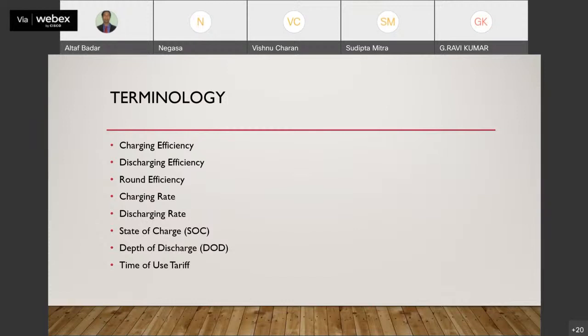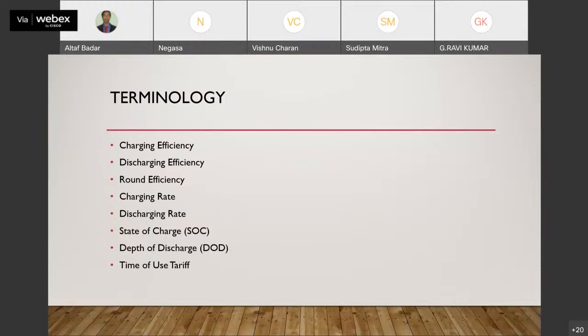When we talk of round efficiency, we are trying to charge and discharge a battery. So what is the total efficiency in the whole process when we combine charging as well as discharging? What is the total efficiency of the battery? That is called round efficiency.